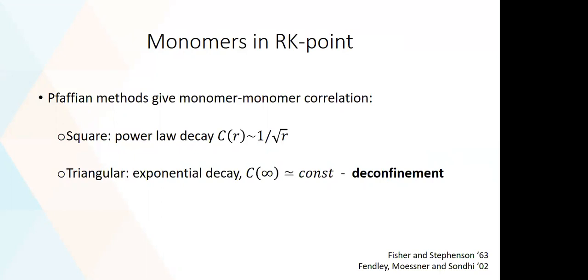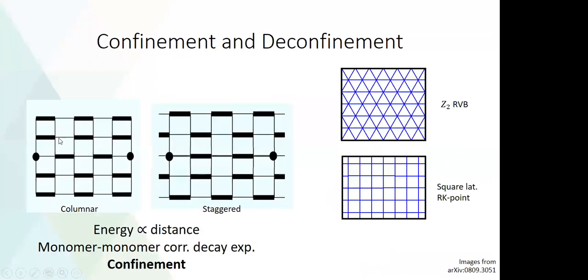Okay, can you ask again? So in the staggered state, we know that it is topologically non-trivial, and when you make monomers, when you move monomers away from each other, they cost a lot of energy. While in the columnar state, it's trivial.